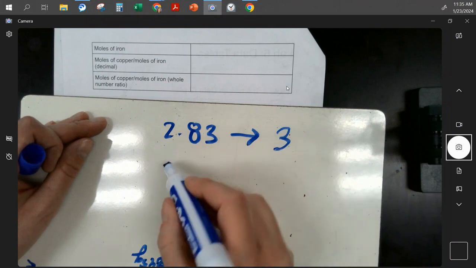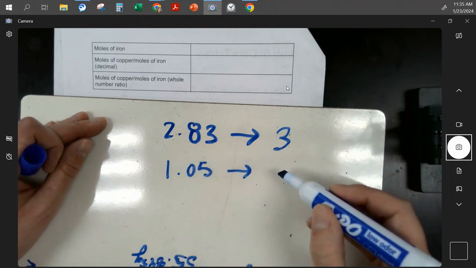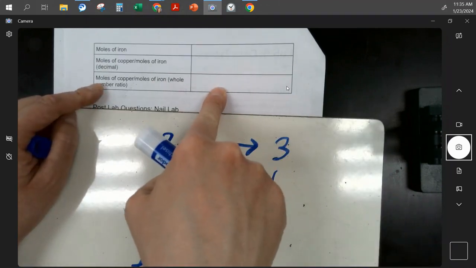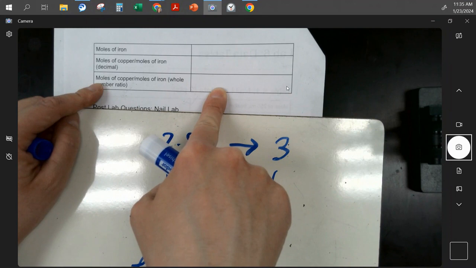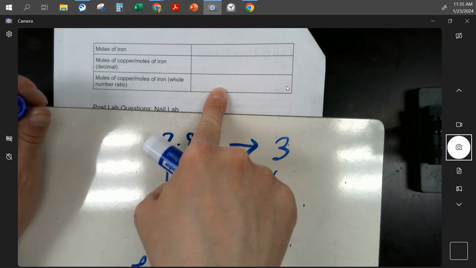Yeah. What if it was 1.05? What's the nearest whole number? Yeah. So this box should have no decimal places. It should be rounded to the nearest whole number. Check with your neighbor. Does your neighbor get it?